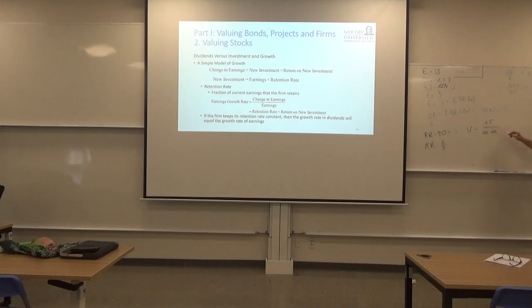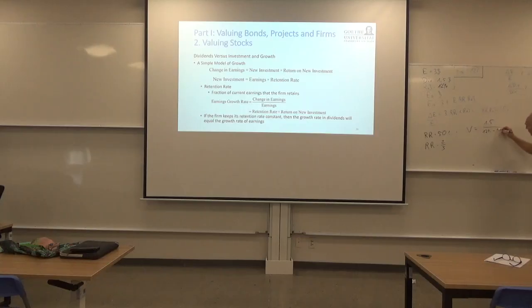In this formula, 12% is the return on equity, minus the growth rate, and the growth rate is of course retention rate times return on investment.